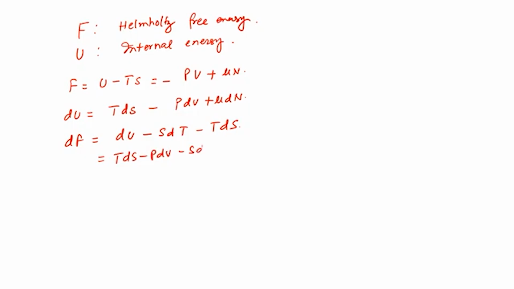So, minus S dT minus TdS, this will cancel, and dF would be equal to minus S dT minus P dV plus mu dN.